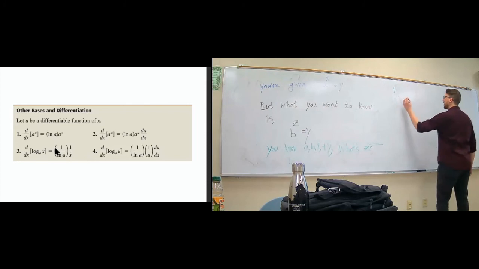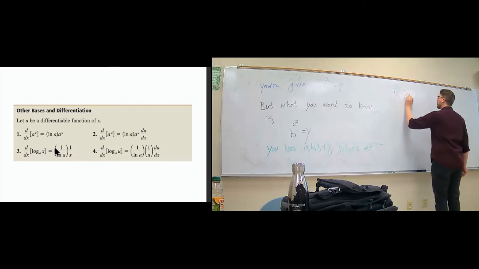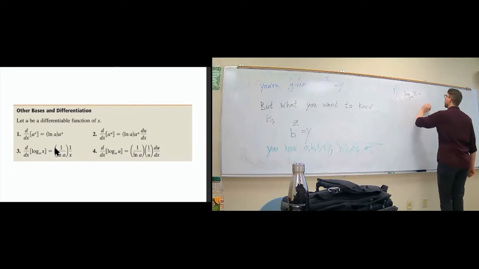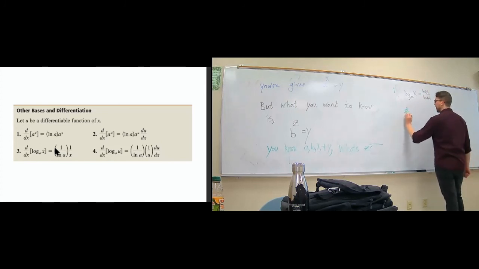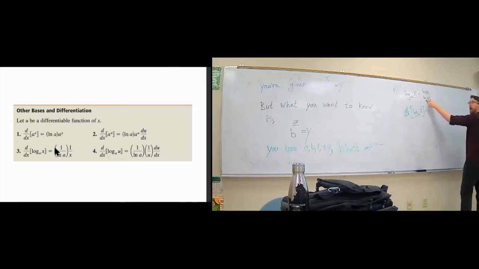With 3, we start off by saying, all right, I know that log base a of x is equal to the ln of x divided by the ln of a. So the derivative of log base a of x is equal to, by constant multiple rule, we can pull out that 1 over the ln of a times the derivative of the ln of x.